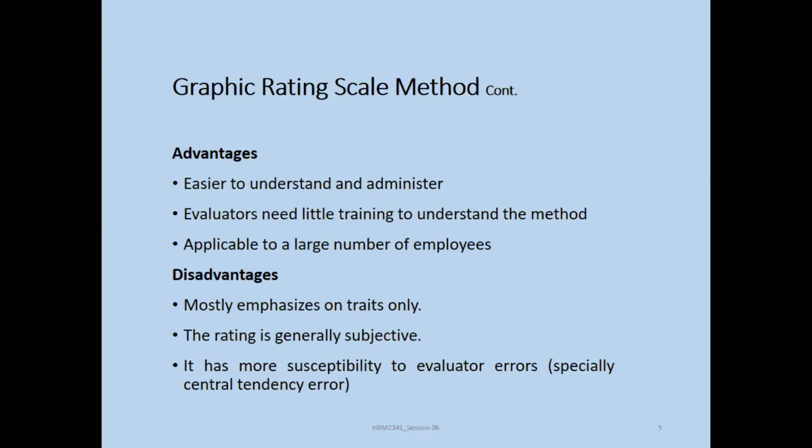Sometimes it may be subjective criteria, or sometimes objective criteria. Most of the time, this evaluation form is highly based on trait criteria. What qualities are possessed by the employee is highly emphasized in this type of performance evaluation form. That is the main disadvantage.